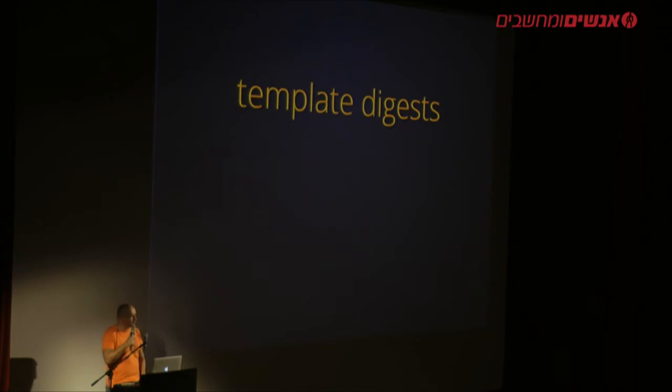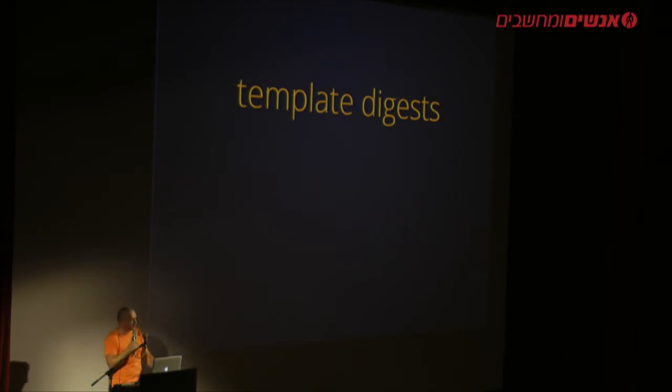Now a template digest is a hash, a long string, an MD5 or SHA1, I don't remember. I think MD5 of the template and all its dependencies. So if you have a template and another template is rendered from it as a partial, a change in any of them will change the template digest.